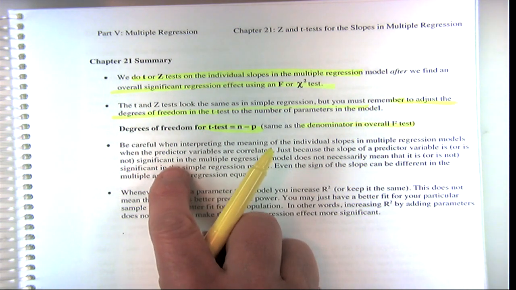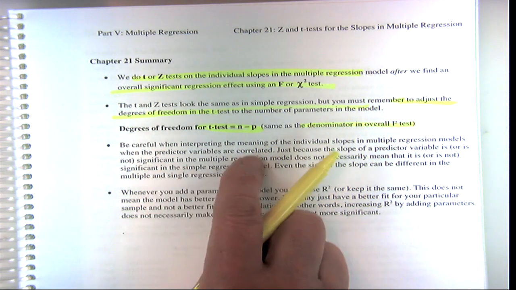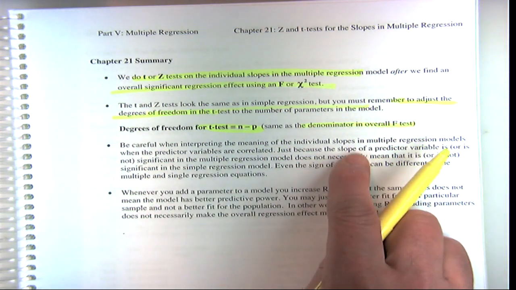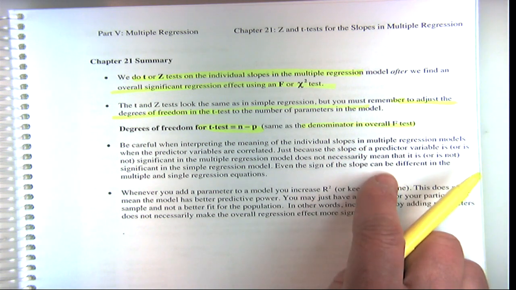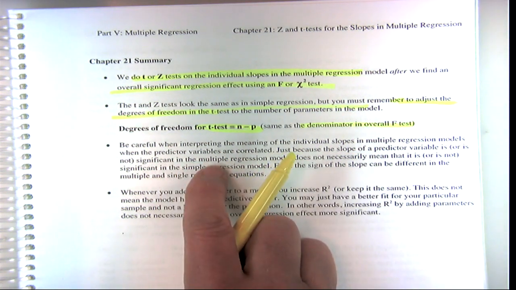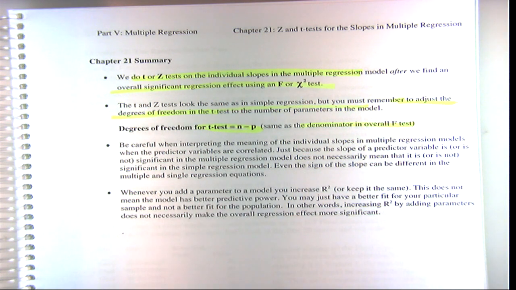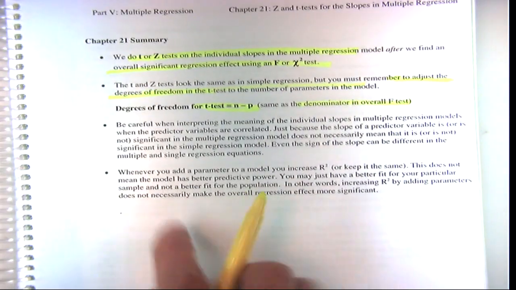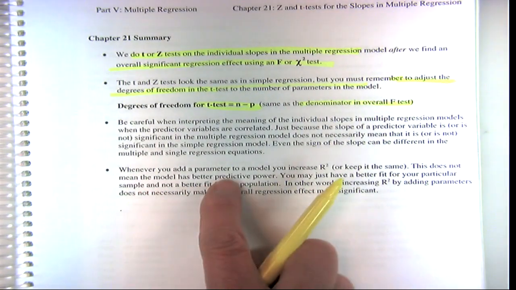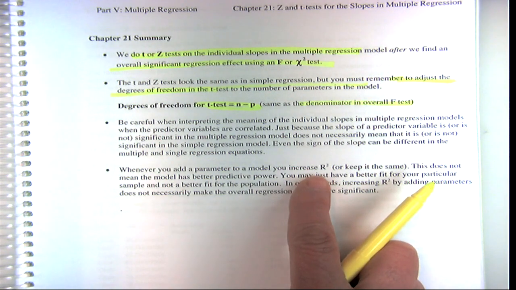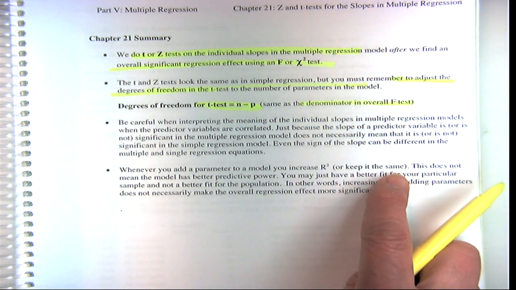All right, and then you also have to be really careful about interpreting the meaning of those individual slopes in multiple regression when the predictor variables are very correlated. Sometimes they don't make sense if you have this multicollinearity. All right. And then this other idea that we looked at was that whenever you add a parameter to a model, you do increase the R squared or keep it the same.